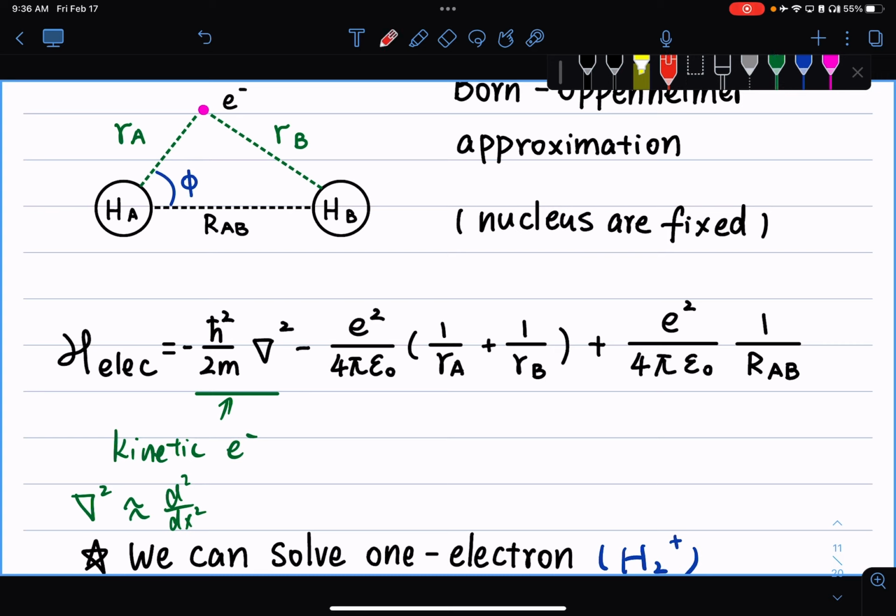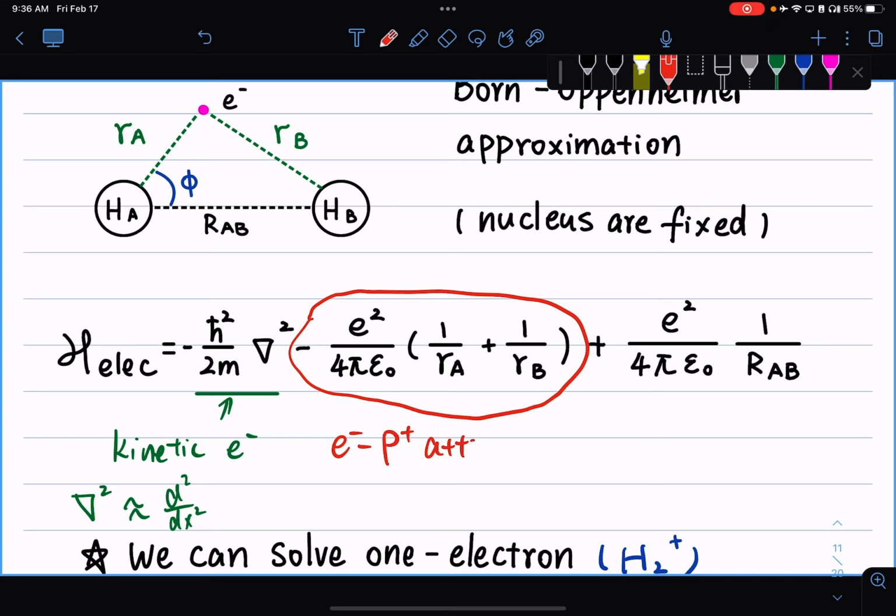And here, the second term, by just looking at it, it is a negative term. You should know that it's an attractive force because that potential energy is negative. So here, that's the electron-nuclei attraction potential energy.